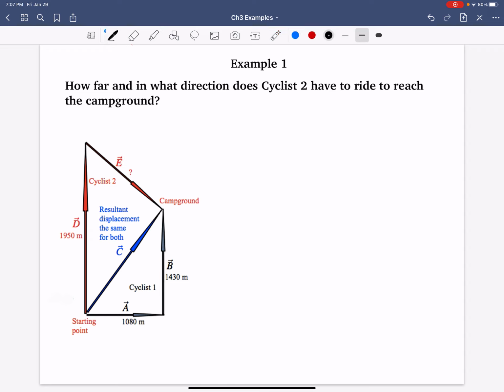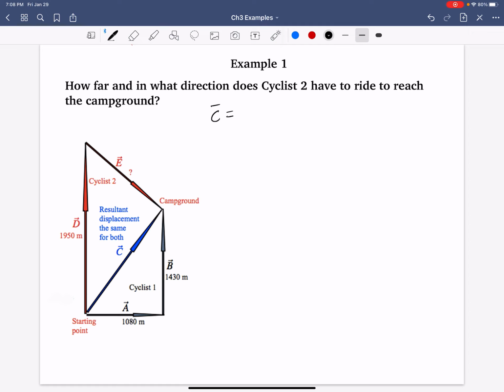So, first off, we need to write down some general vector statement that describes this scenario. It says that C is the resultant for both.